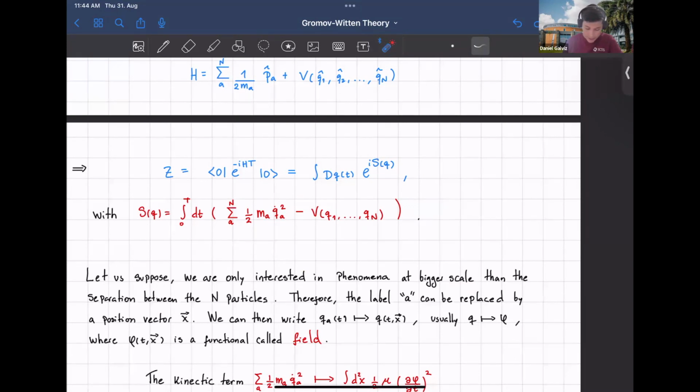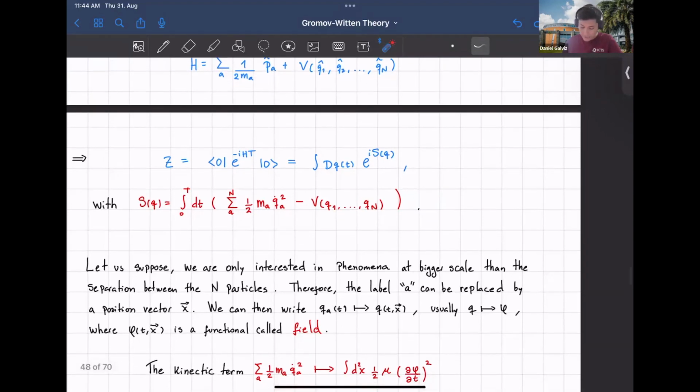So at bigger scale, we will suppose that this scale is larger than the separation of the n particles. Therefore, the label A can be replaced by the position vector. Each of these positions we will just give by a vector. Then we can write that this q_A, for each particle, just depends on the time and the position.